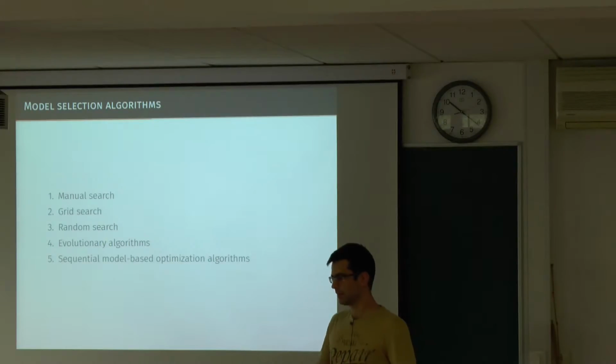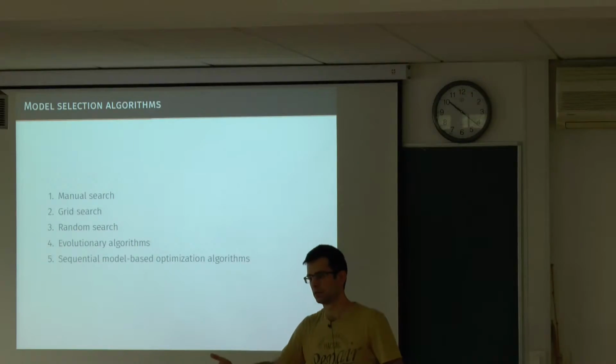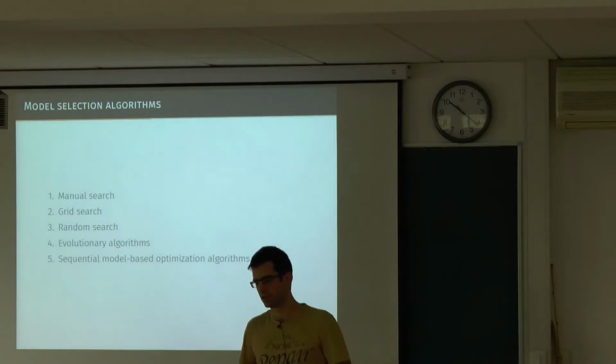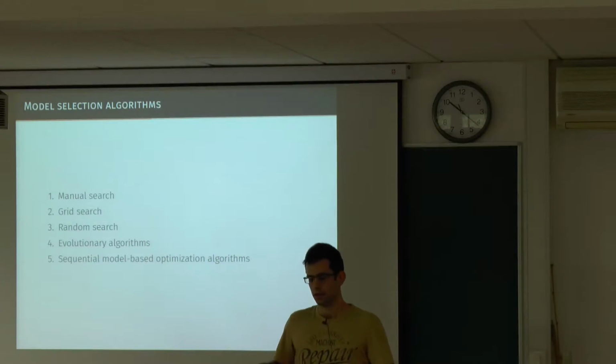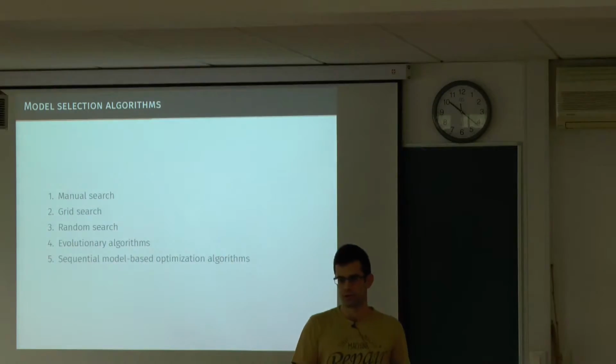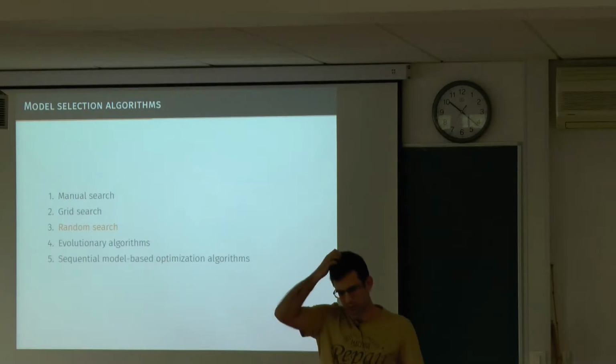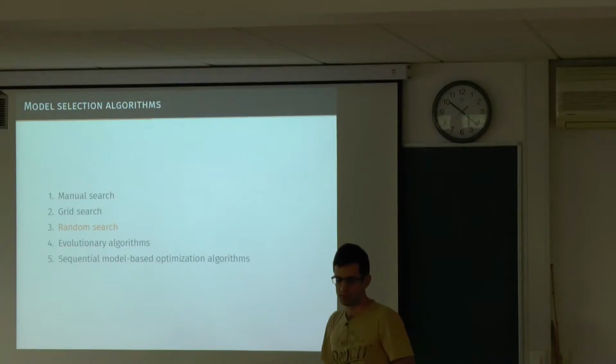Because at each step they gather the information from previous evaluations, and then they propose a new solution to be evaluated, which is usually a trade-off between improving the model that you are building and getting the best model. So we have used in our experiment the random search.